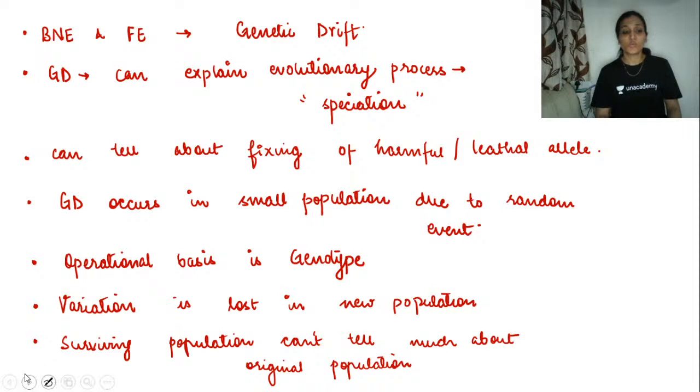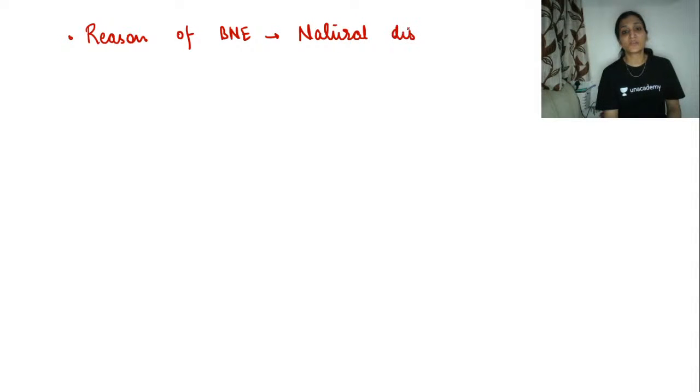Right. So two of the things are still left. The reason for the bottleneck effect is mostly natural disaster, and the reason for the founder effect is migration.